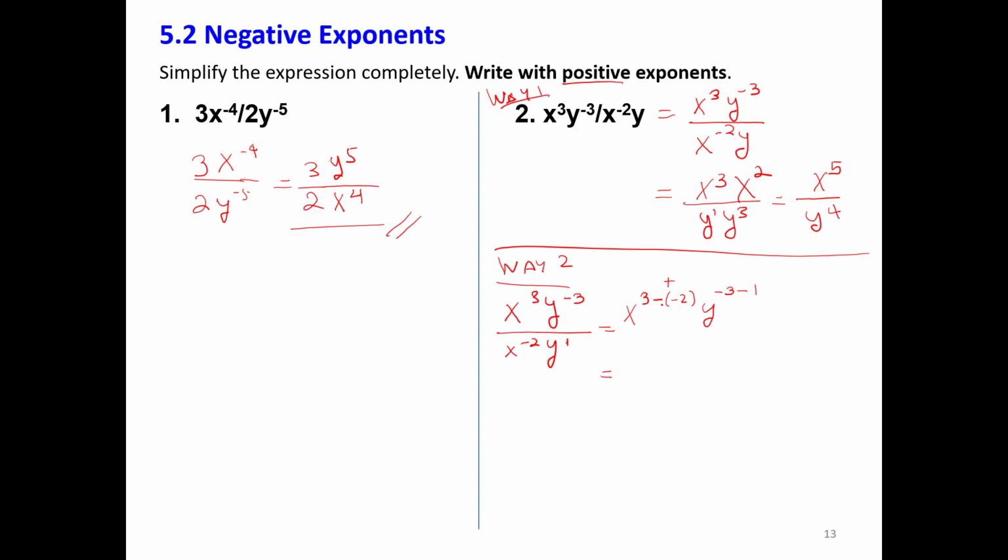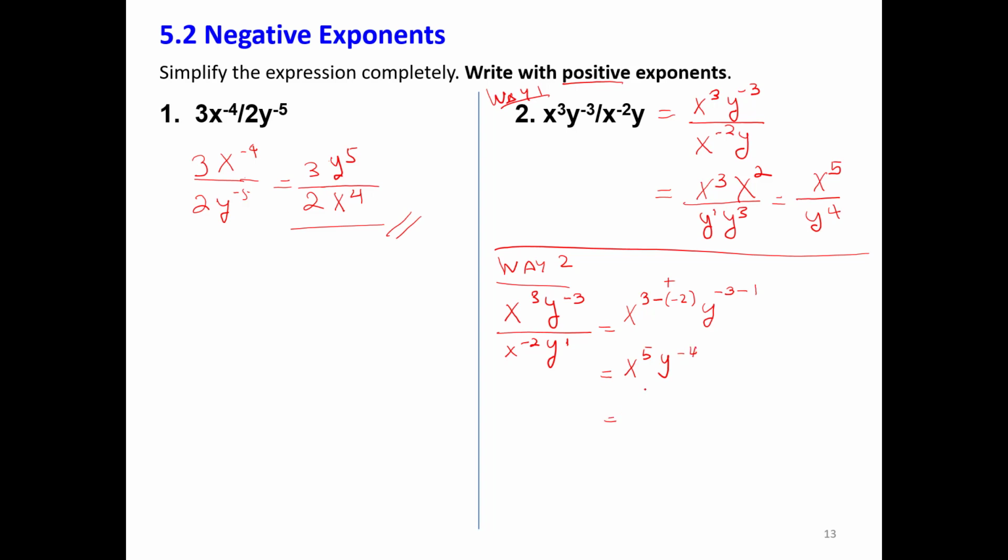We know negative times negative is positive. Really we have 3 plus 2, then 3 plus 2 is 5. Minus 3 minus 1 is minus 4.